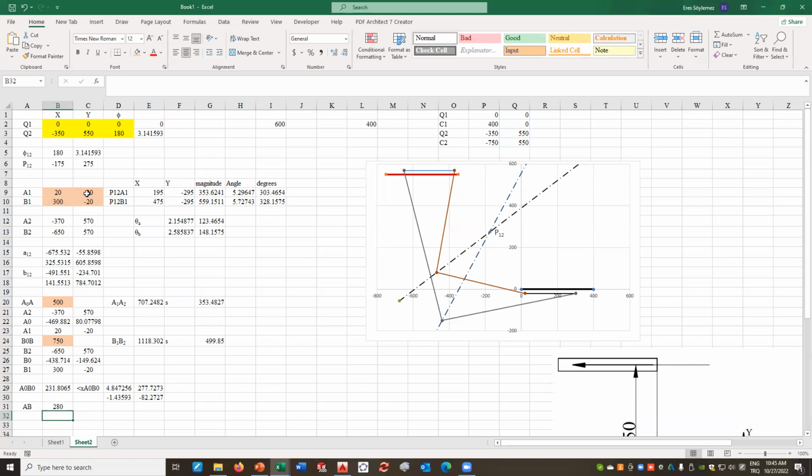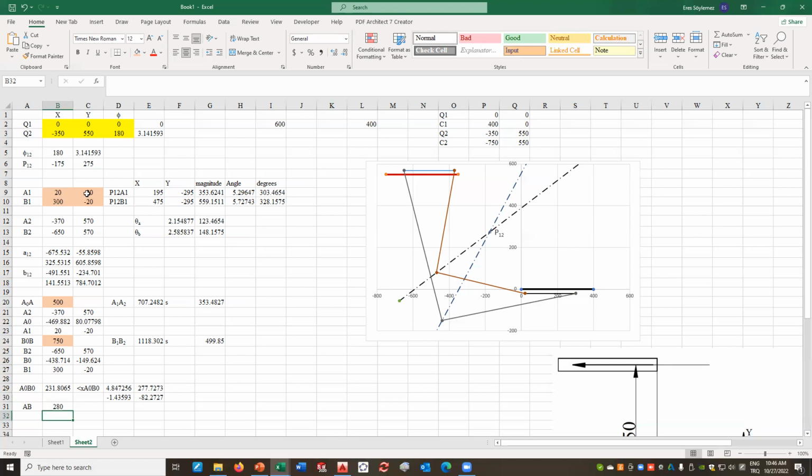You have to know one other thing, and that is which link you are going to use as the crank. Are you going to use A0A as your crank or B0B as your crank? Depending on the problem, depending on which one will be possible. I think in this case, B0B will be the crank. Otherwise, if you use A0A as the crank, you will not achieve the motion. So I will use B0B as my crank.